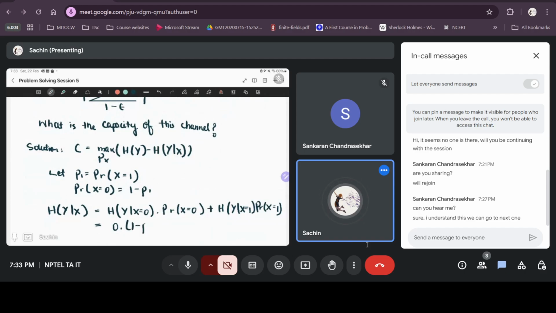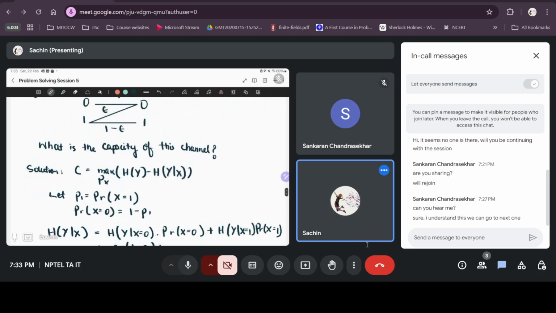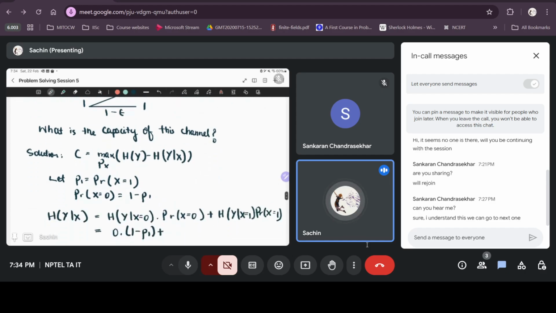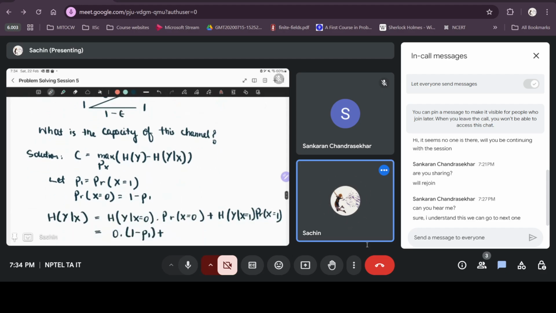Given X equals 1, the probability that Y equals 0 is epsilon, and the probability that Y equals 1 is 1 minus epsilon.